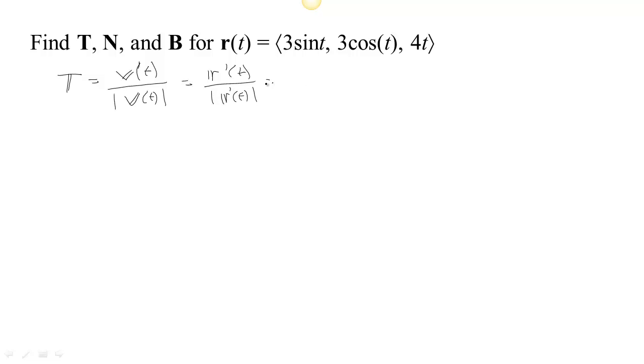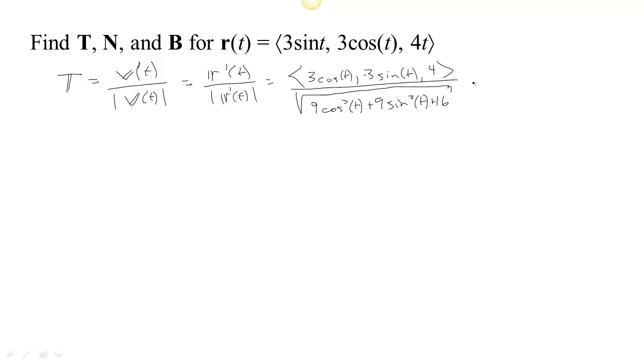of the position function. In this case, the derivative of sine t is cosine t, and the derivative of cosine t is minus sine t, and the derivative of 4t is just 4, and the length of that would be the square root of 9 cosine squared plus 9 sine squared plus 16.